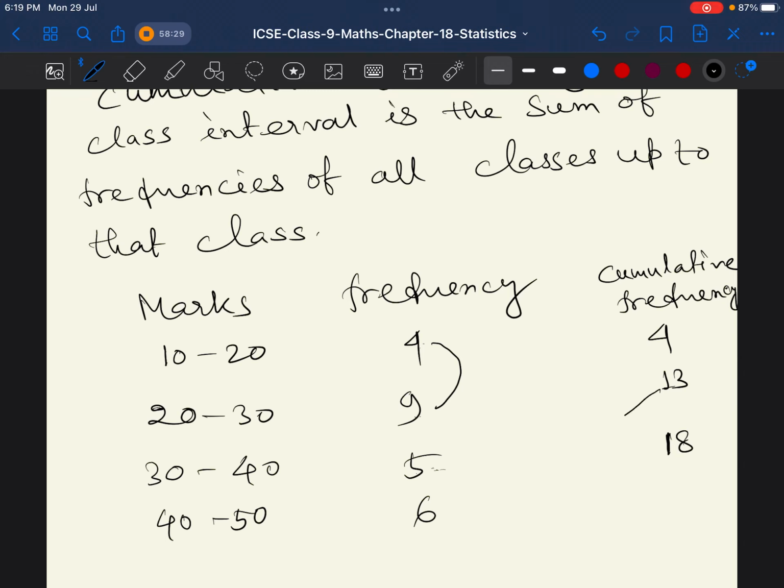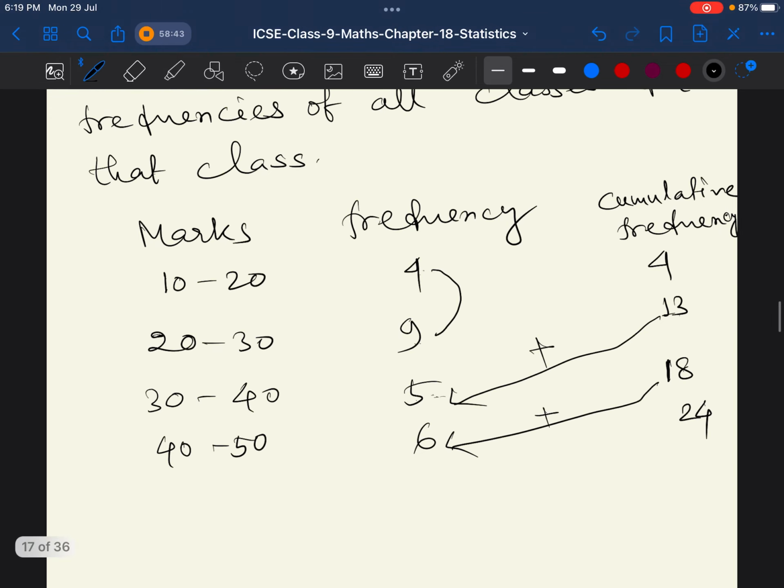Then we add 18 plus 6, we will get 24. So this is the cumulative frequency.